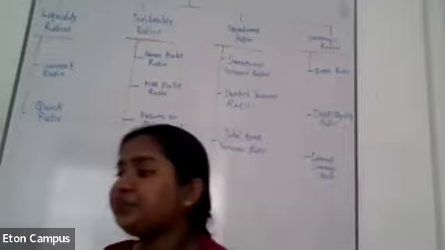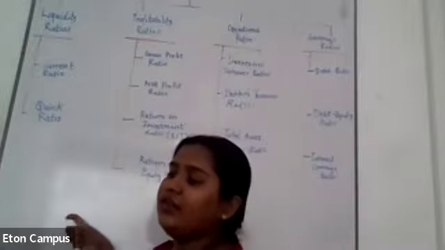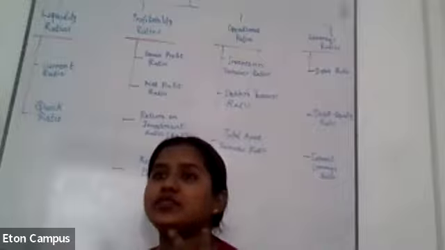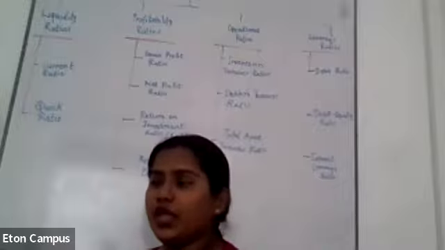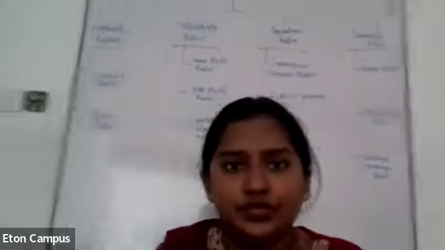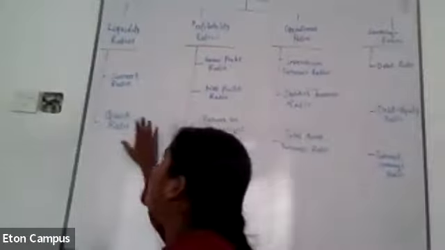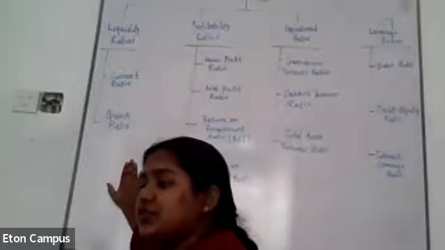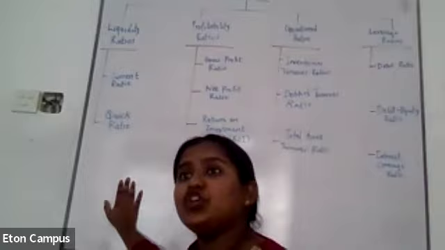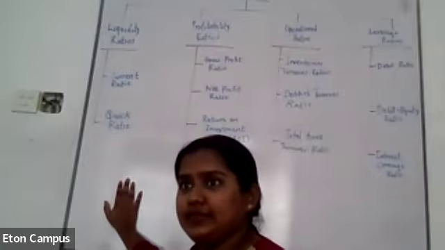Okay. As you see, there are four different types of ratios that are subdivided into some other ratios. When it comes to the liquidity ratio, it shows us how much the company is able to pay any short-term debts.